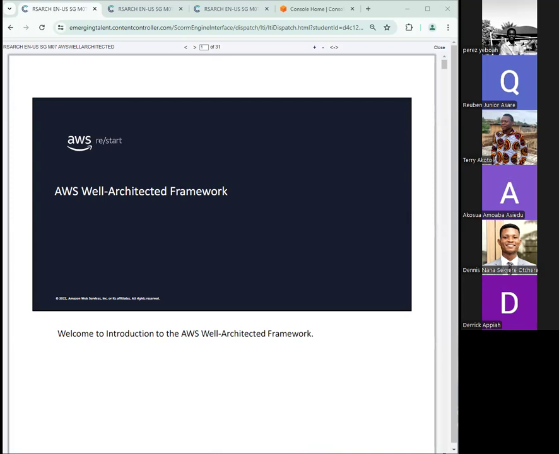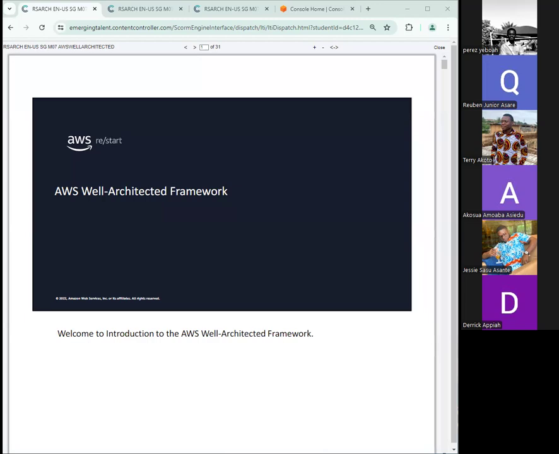And I also remember we saw some core perspectives of the cloud adoption framework, which are business, people, and governance. Thank you. All right, thank you, Perez.